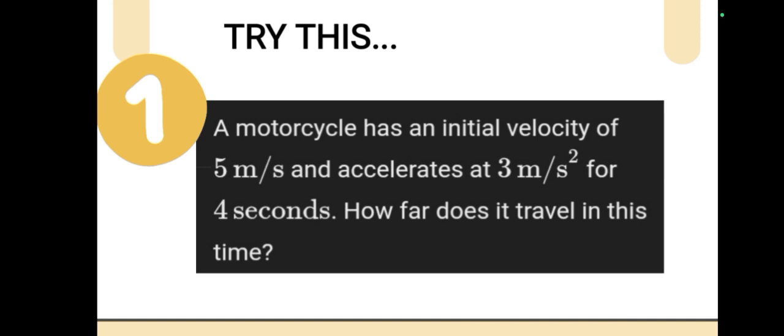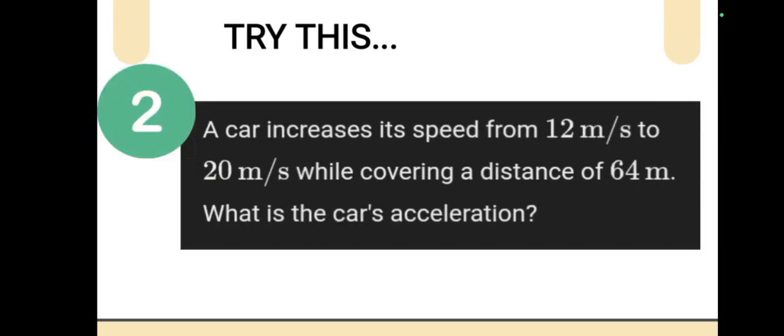A motorcycle has an initial velocity of 5 meters per second and accelerates at 3 meters per second squared for 4 seconds. Question: how far does it travel in this time? Problem number 2. A car increases its speed from 12 meters per second to 20 meters per second while covering a distance of 64 meters. Question: what is the car's acceleration?